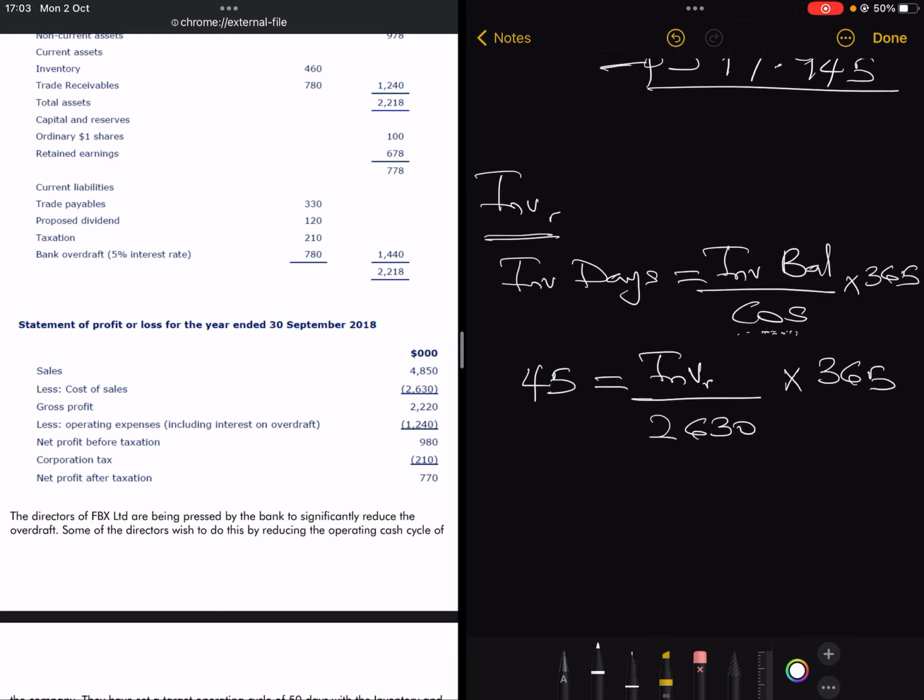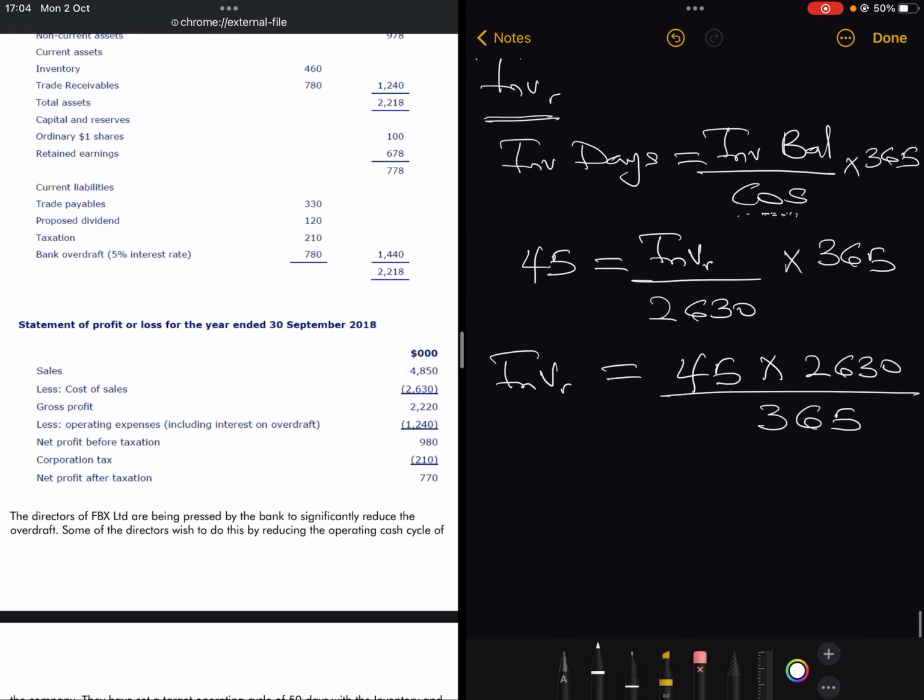Just like we did for account receivable, we rearrange this formula and the inventory revised balance will equal 45 multiplied by 2630 divided by 365. Using a calculator, 45 multiplied by 2630 divided by 365, the revised inventory balance will be $4.246.